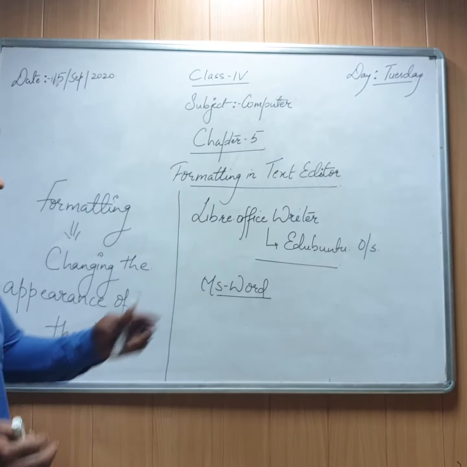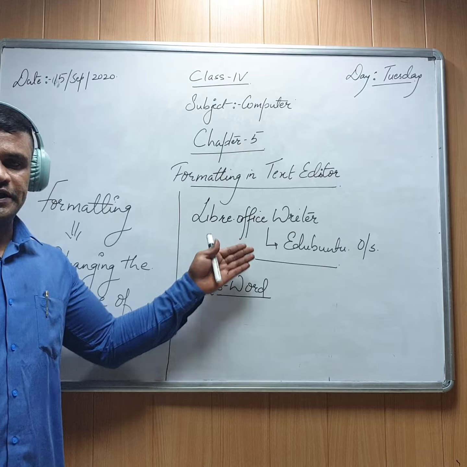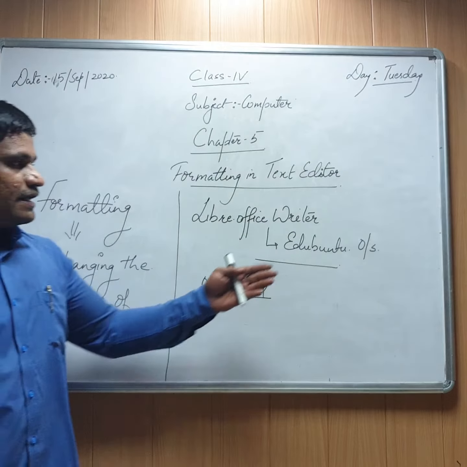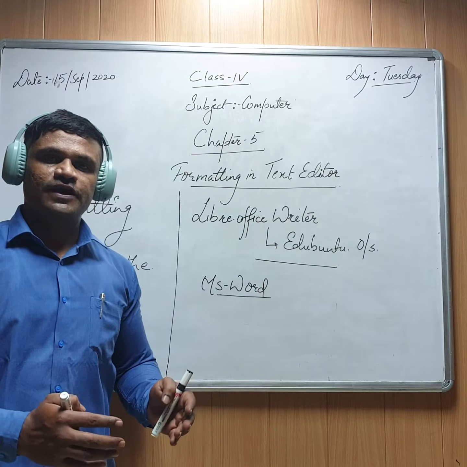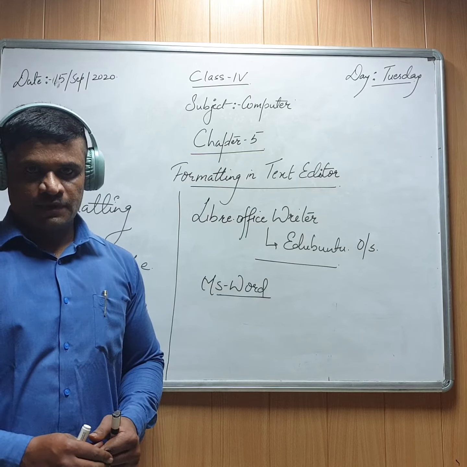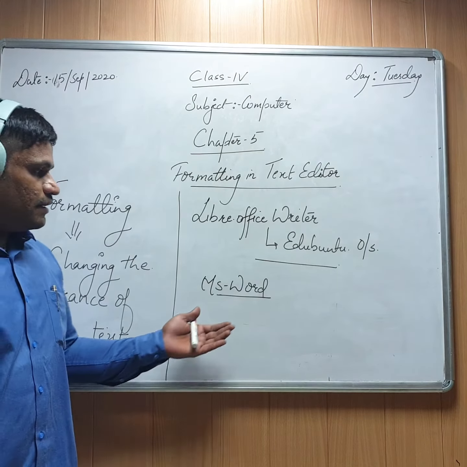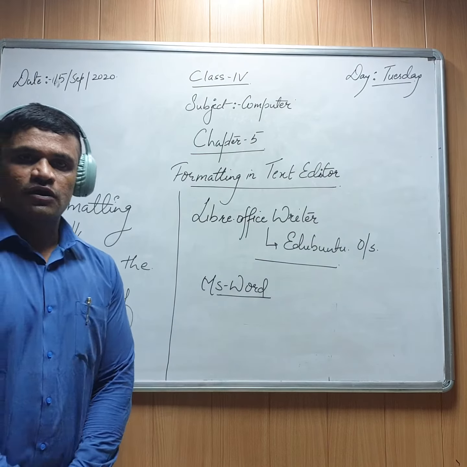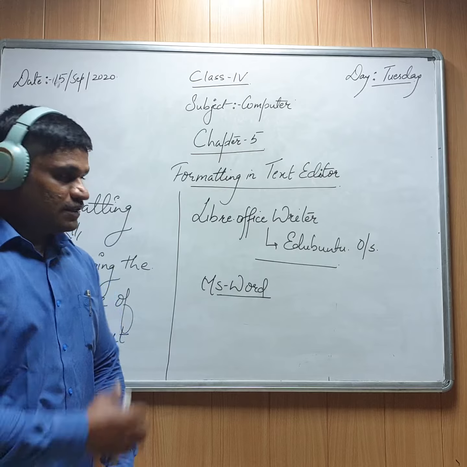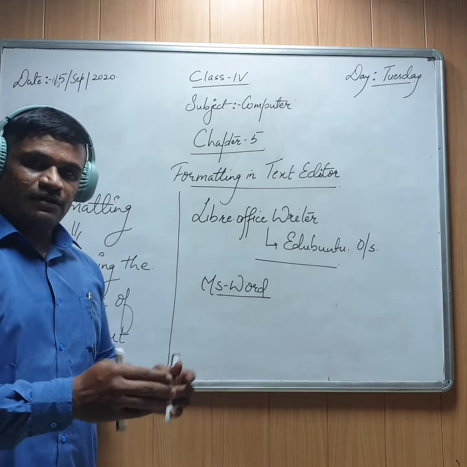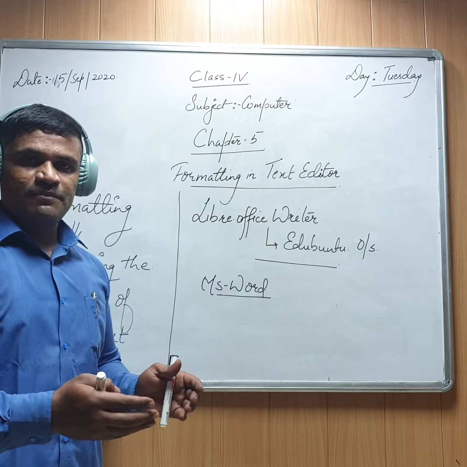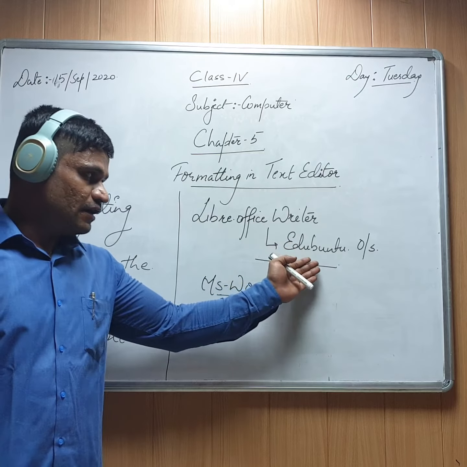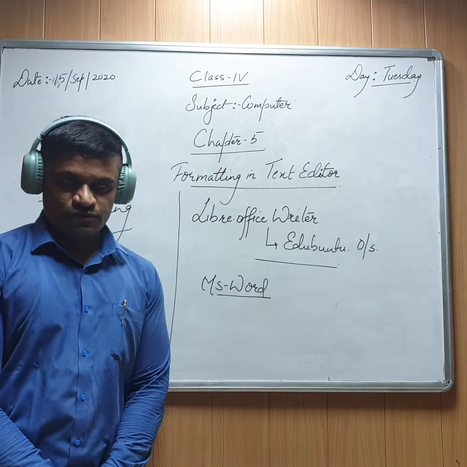That means, first of all, these two softwares or applications are one of the same itself. The difference is they are available on different operating systems. In my laptop, I have MS Word, which is on Windows operating system. The same concept, the same features, same tools are present in your LibreOffice Writer on Ubuntu also.